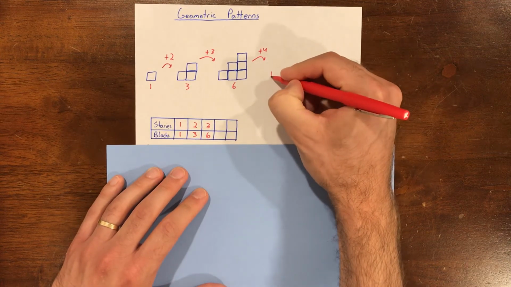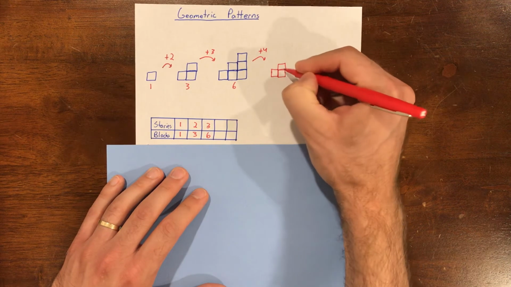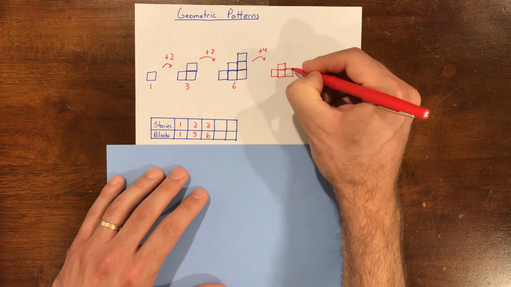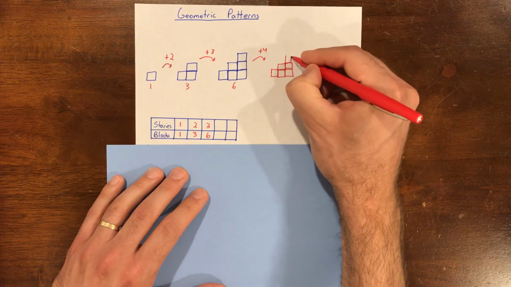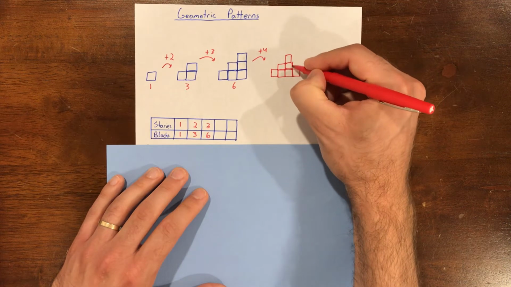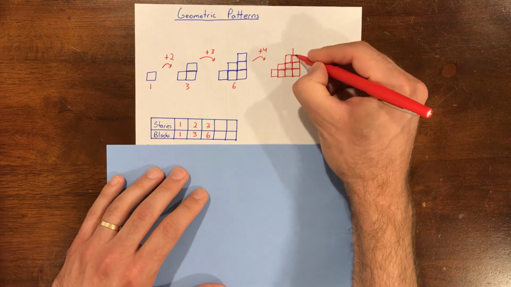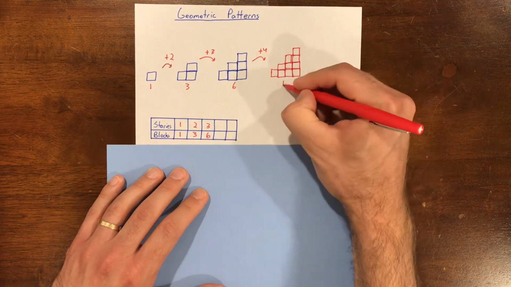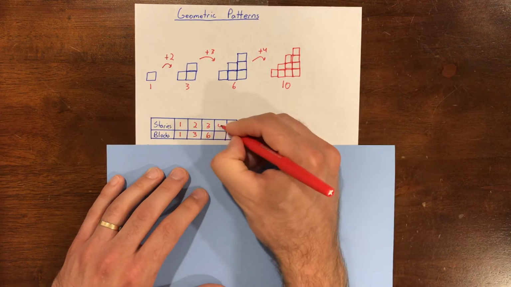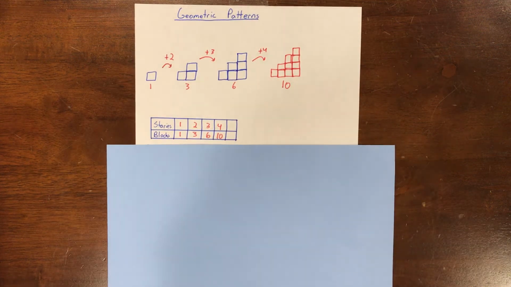Well, here was our first story, our second, our third, and now our 4th story, 10 blocks. Huh. What do you think? Does this make sense? How do you know? Say it out loud.